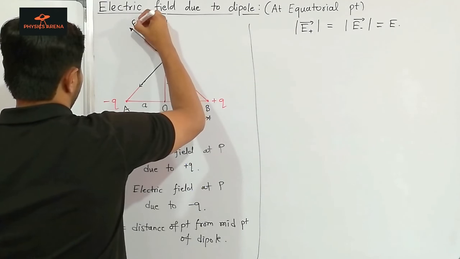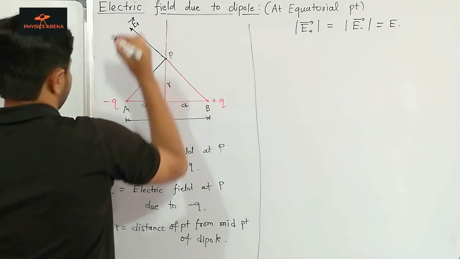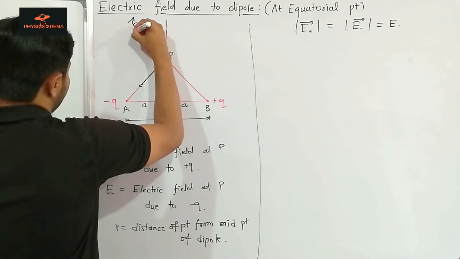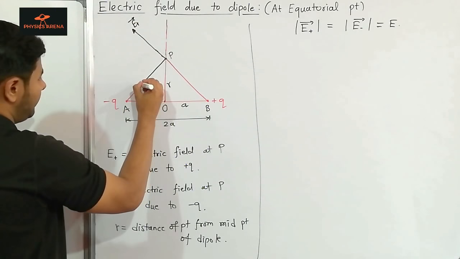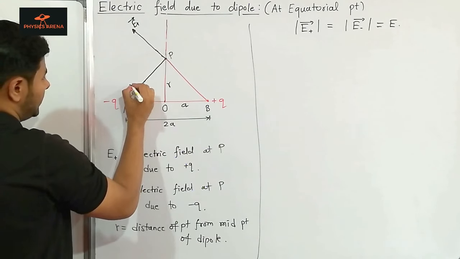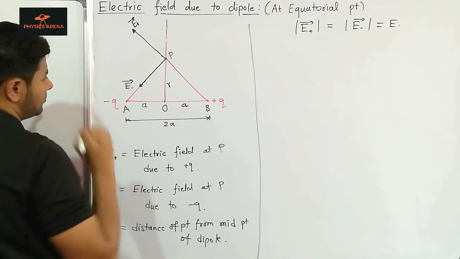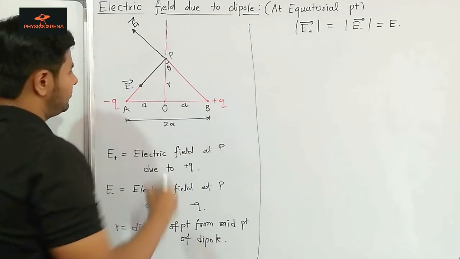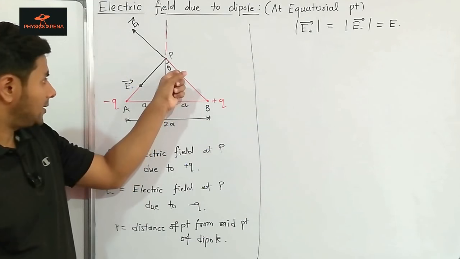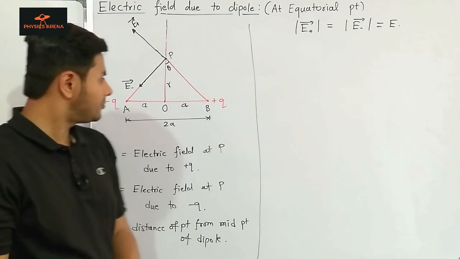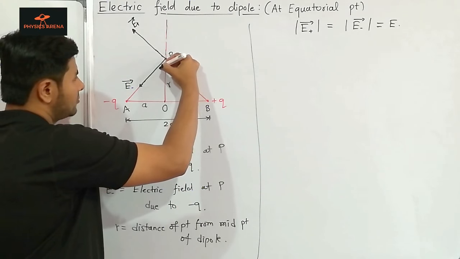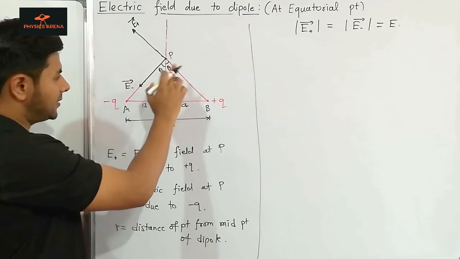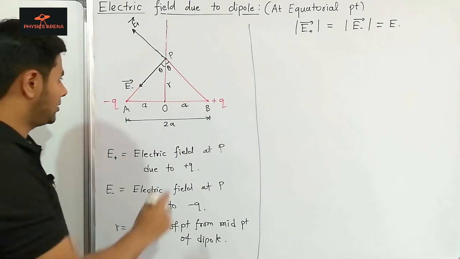So this is E plus bar, and both of them have the same magnitude, so the length of these arrows should be the same. And this one is E minus bar. Suppose this angle is theta. If this angle is theta, this angle is also theta, because these are congruent triangles. All three sides are the same and this angle is the same. This is perpendicular.